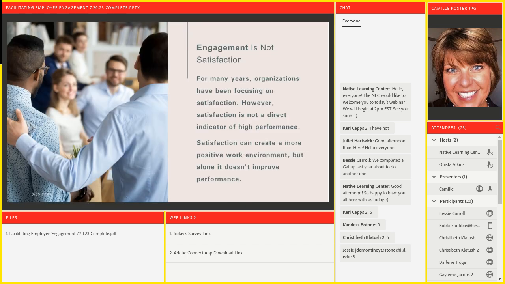So I told you that we're going to talk about what engagement is and what it's not. A lot of people think that engagement is just satisfaction, that someone is satisfied at work, therefore they're engaged. But the difference really is that satisfaction may or may not increase an employee's productivity.